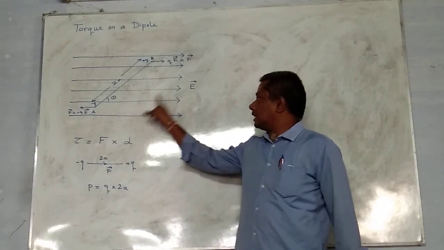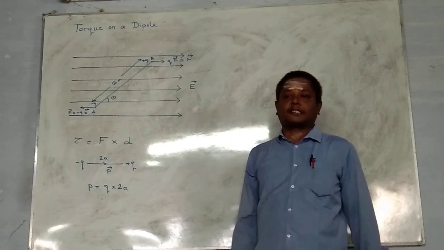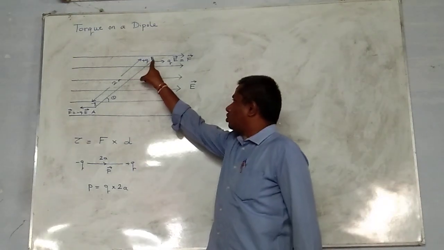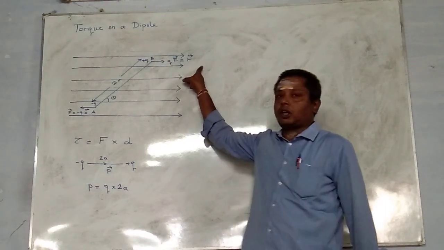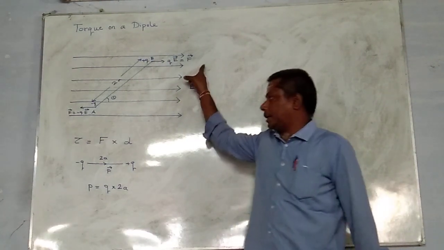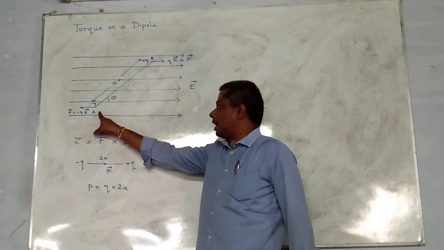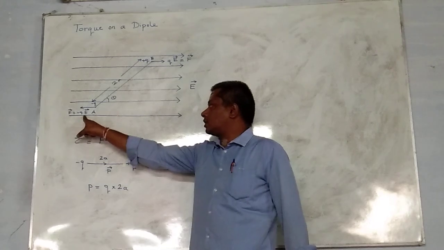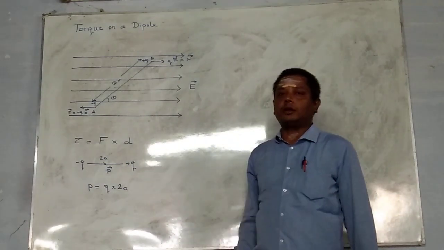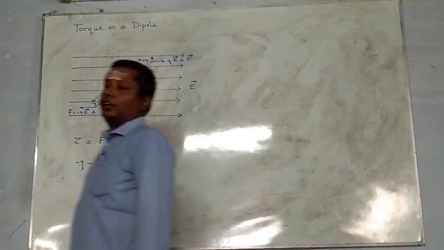Charges placed in an electric field experience a force. Plus Q charge at point B experiences a force Q into E vector in the direction of electric field. Minus Q charge at point A experiences a force F vector is equal to minus Q into E vector in a direction opposite to the electric field.